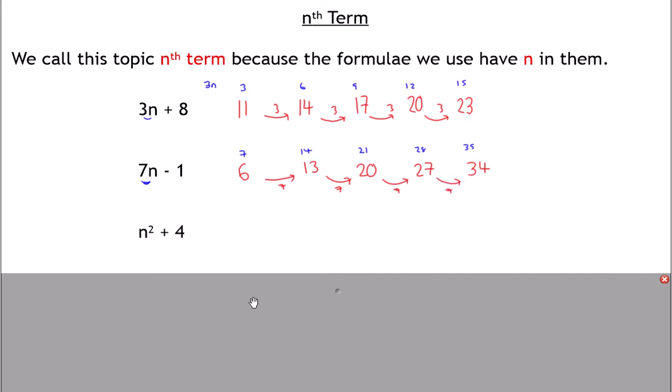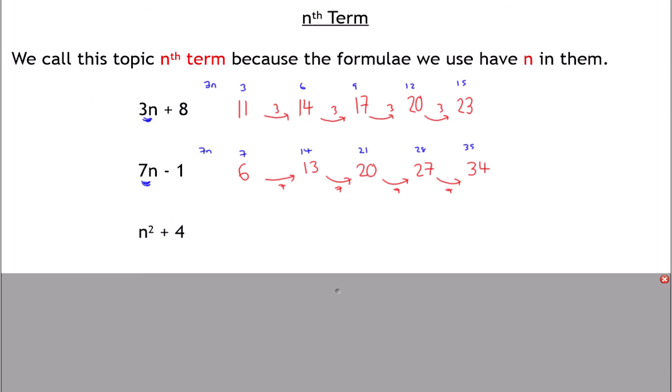So the gap between the numbers matches the times table in the question. 3n meant 3 times table, gaps of 3. 7n means 7 times table, gaps of 7. Then you can add and take away if you want, but the gaps will stay the same.